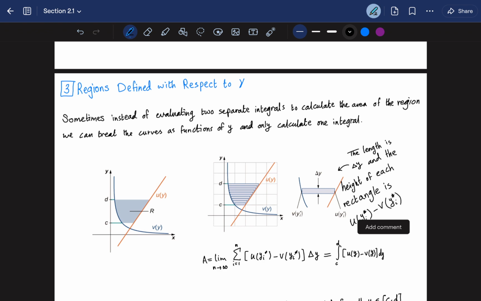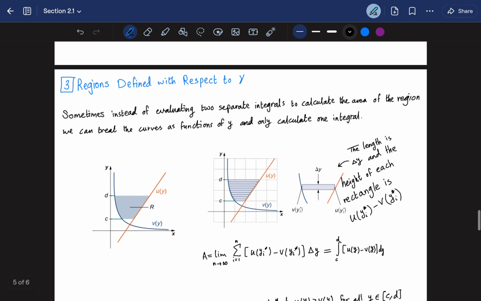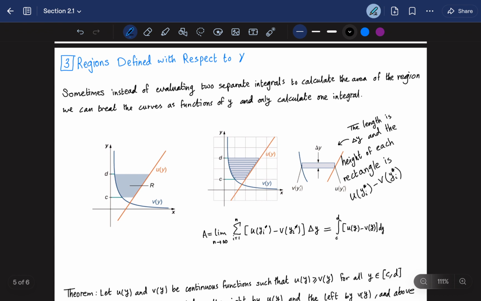Why this is useful: sometimes instead of dividing the region into 2 or 3 or whatever parts, we can evaluate it with only one integral if we're integrating in terms of y. So let's look at the graph here and see why this makes sense.